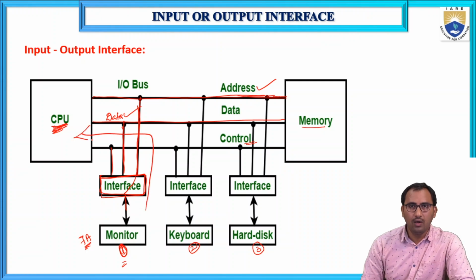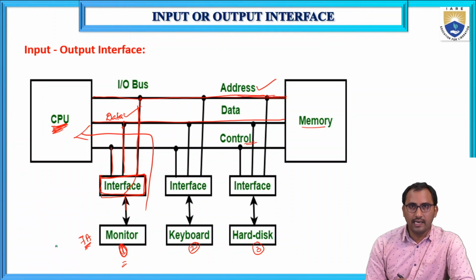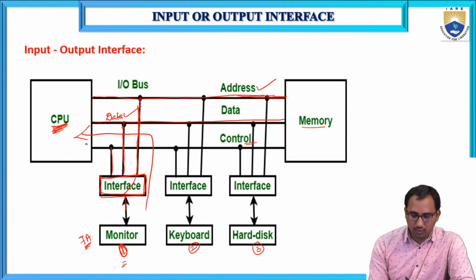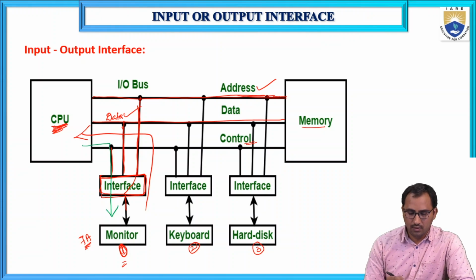The second one is IO write, where the data from the CPU is sent to the IO device, that means we are writing to the output device. These two operations are controlled by control signals using this control bus.